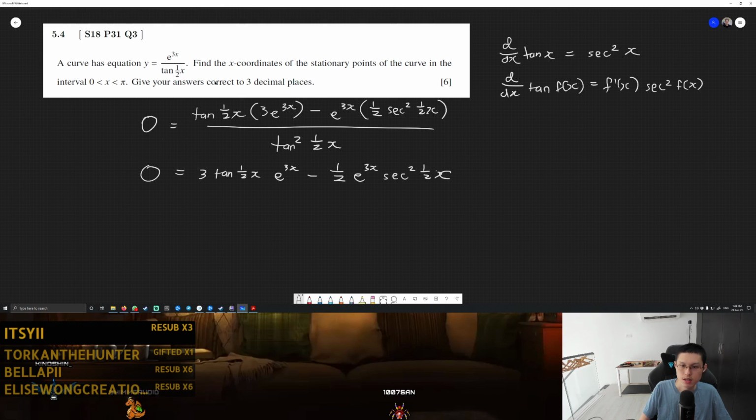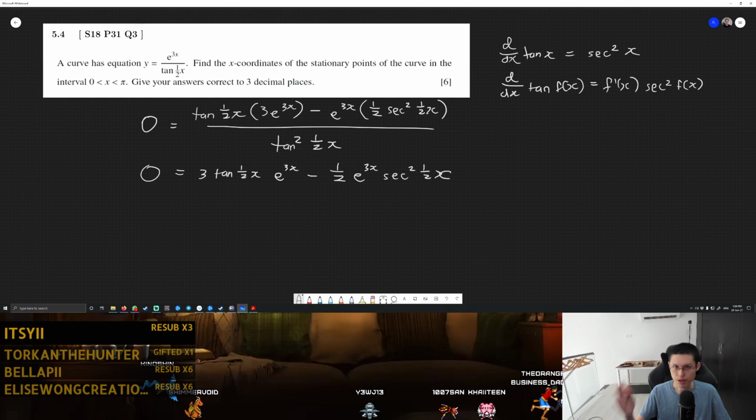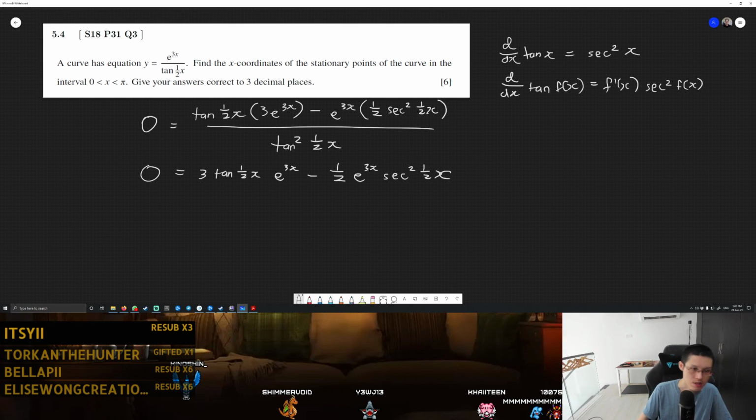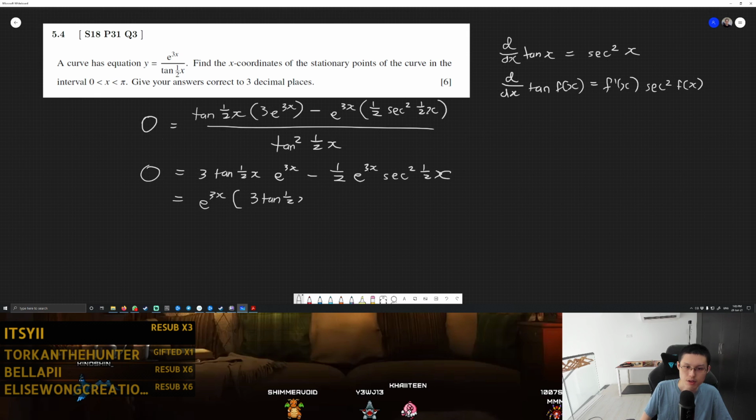A common mistake that people tend to make here is to just divide everything by e^3x to get rid of it. However, if you have a choice between dividing everything by e^3x or factorizing e^3x, you should always factorize, because if you divide, you might lose a potential solution. So factorize e^3x, which gives you e^3x times (3 tangent (1/2 x) minus 1/2 secant squared (1/2 x)) equals 0.